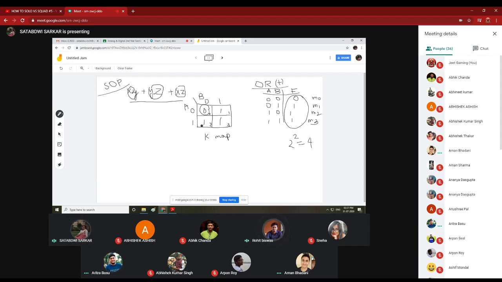Now we have to combine or group these in this way, that is pair. We can make a pair of 2 or pair of 4 or pair of 8, that is power of 2. So we cannot make a pair of 3 values.